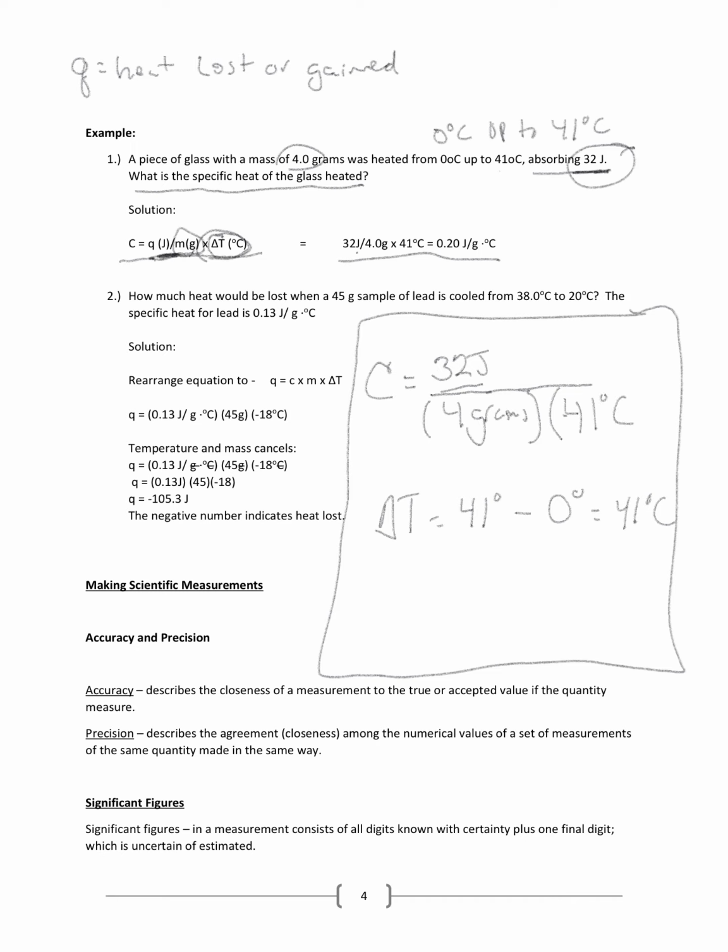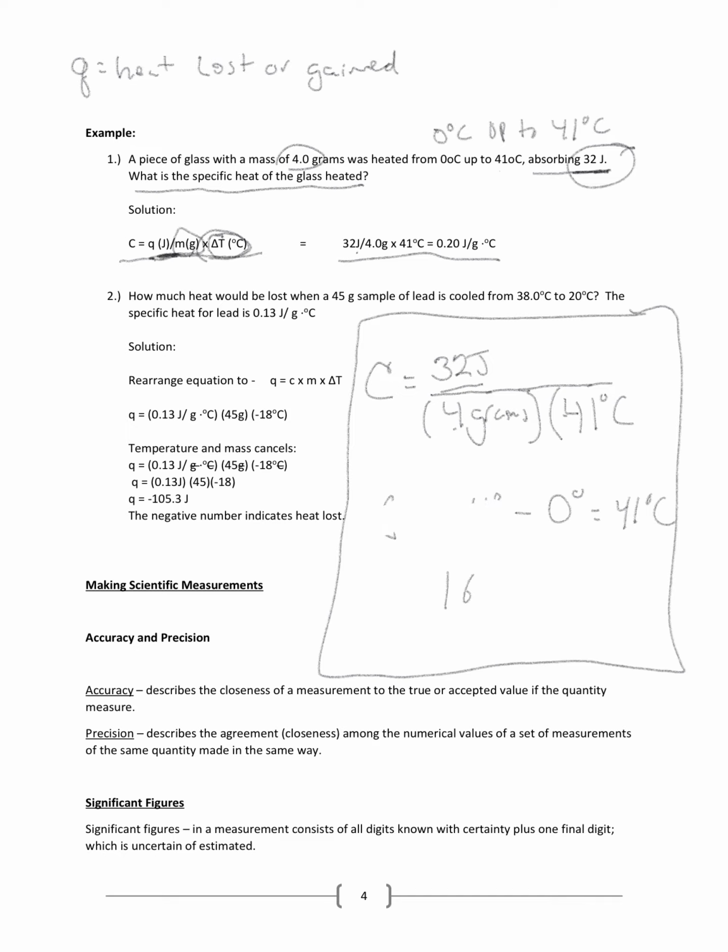Okay, so we're going to take 4 times 41. 4 times 4 is 16, so that's 164. I'm going to erase this down here so we can see it.